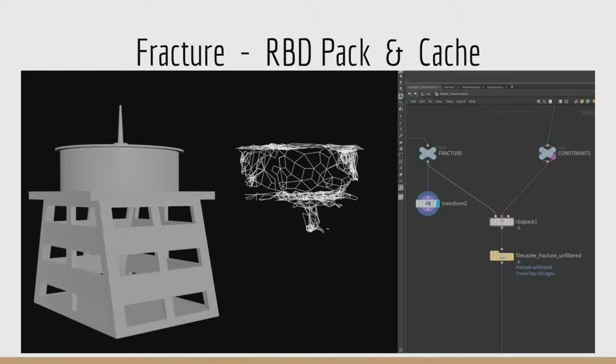If you were to just merge together your fracture with your constraints, they would all pick up each other's attributes with some sort of default values, and it'd be pretty annoying. We don't really have a clean way to separate that. So RBD pack allows us to output those from a loop together in their own separate buckets, and we can cache them together without managing different caches, etc.